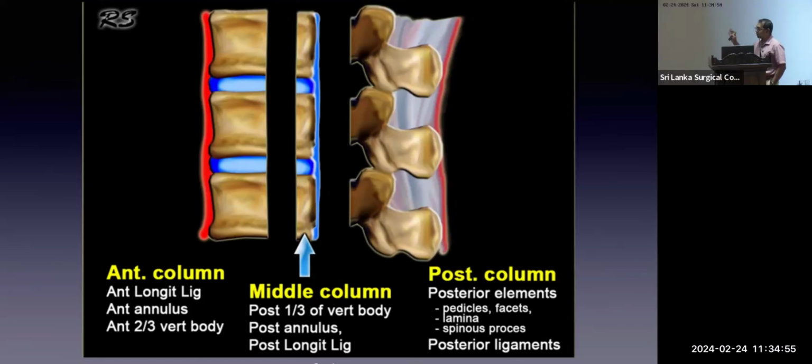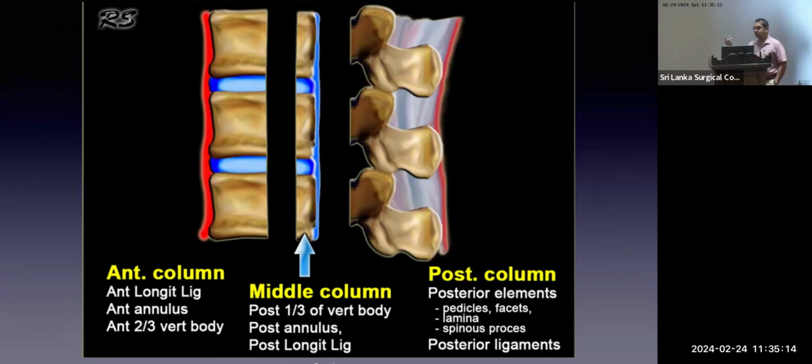Whereas if two columns are compromised, then surgery or intervention is indicated. So that is why this column theory came into being, to help us to decide which patients need intervention.